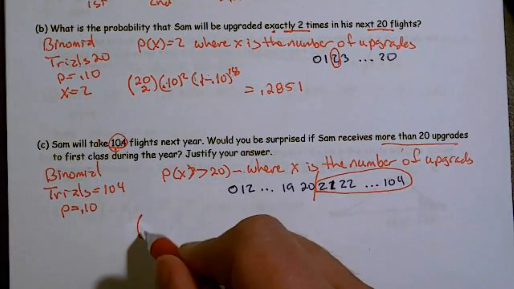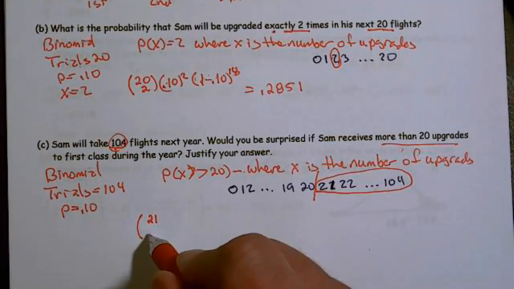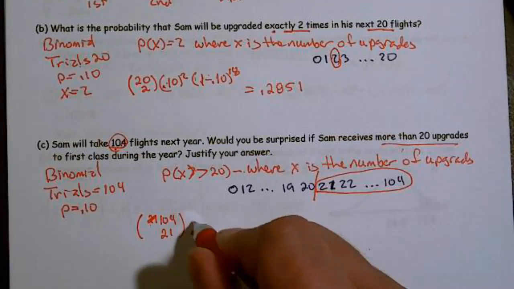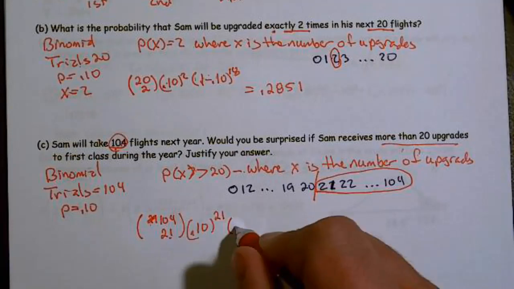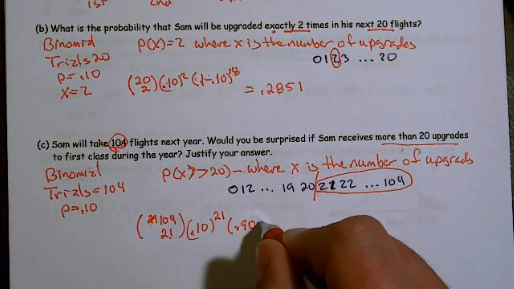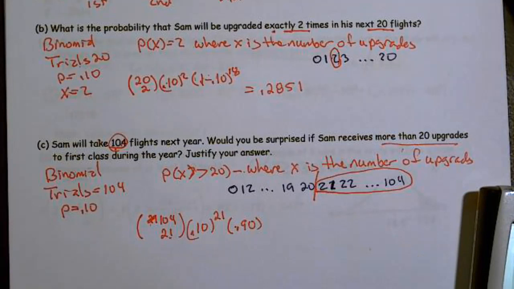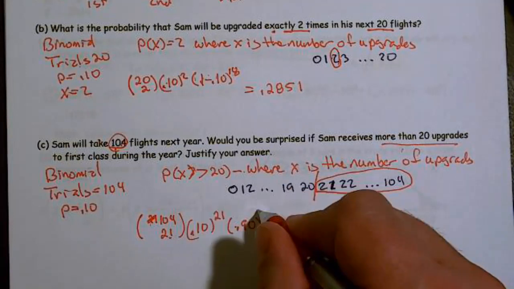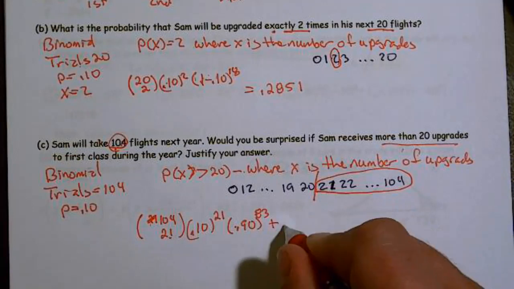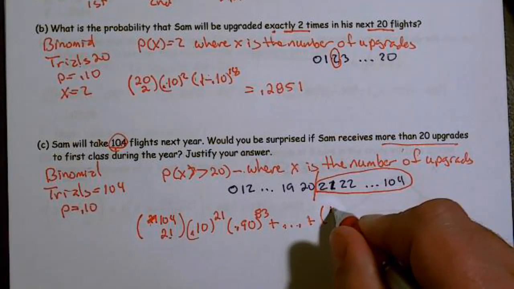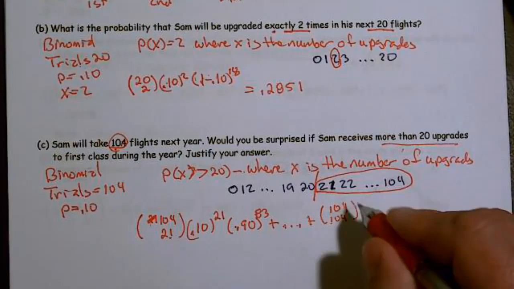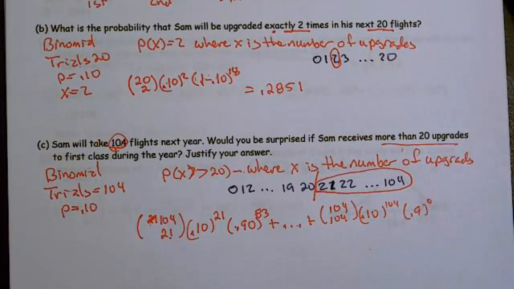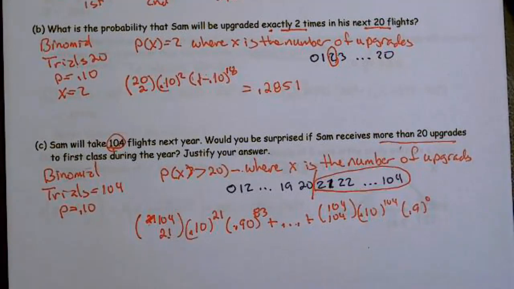Starting with the lowest that we want, which is 21. 104 choose 21, 0.10 to the 21st power times 1 minus that, which is 0.9, to the 83rd power because these two have to sum up, plus ... plus 104 choose 104, 0.10 to the 104th times 0.9 to the 0.